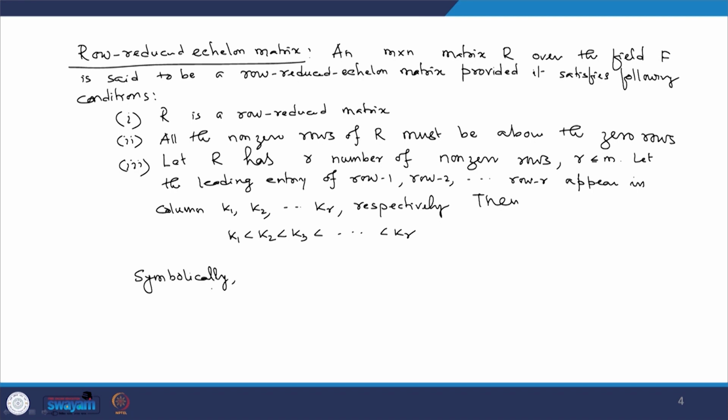Basically, I can say Rij equal to 0 for i greater than r, and also equal to 0 for j less than Ki. So, this is the first one.